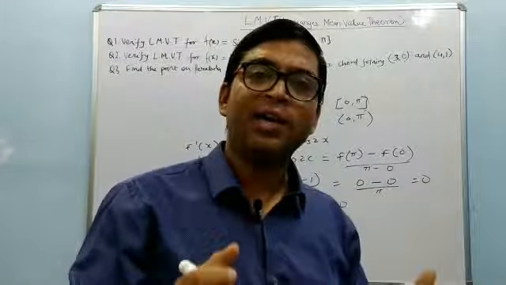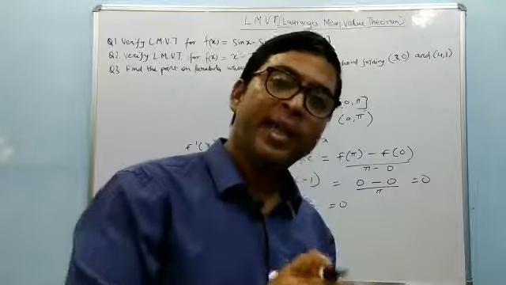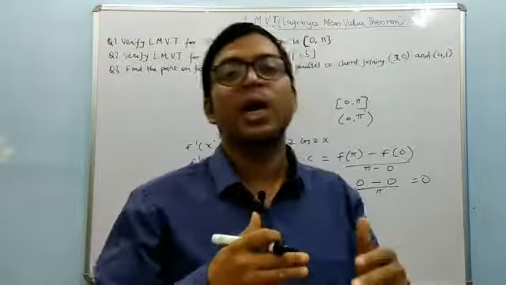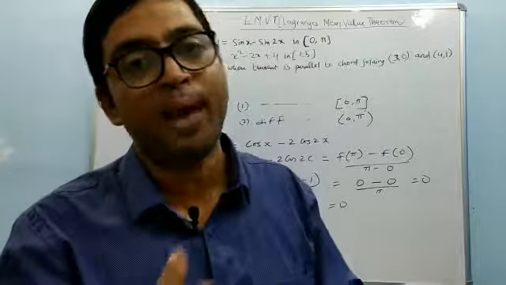So we can get the value of cos c by the quadratic equation formula, that is minus b plus minus under root b square minus 4ac by 2a.